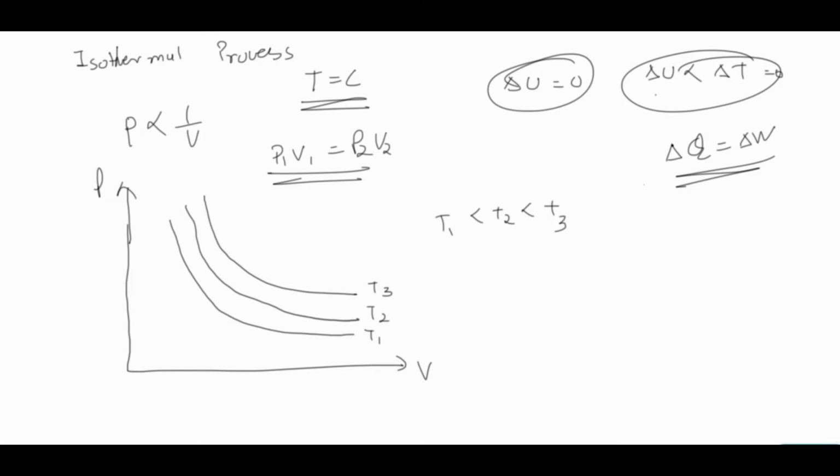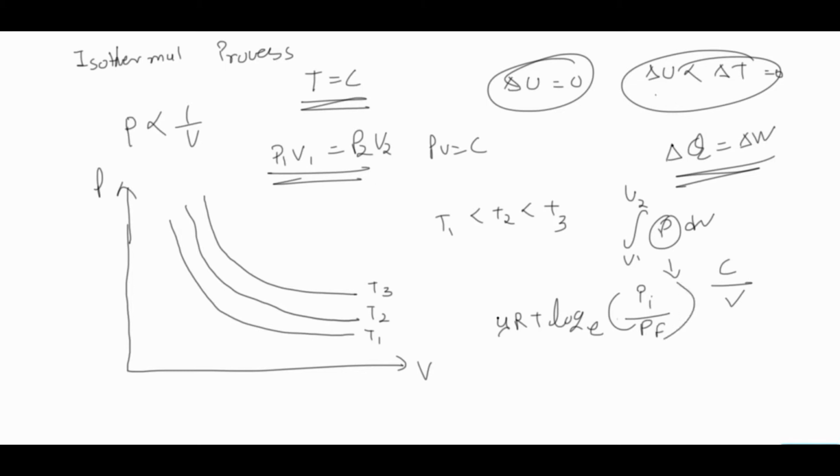Work done in this case is equal to the integration from V1 to V2 of P dV. We need to derive the formula. As PV is equal to constant, P becomes C by V. If we put that in and integrate, we get the work done formula: mu RT log with base e of Pi by Pf, that means initial pressure upon final pressure.